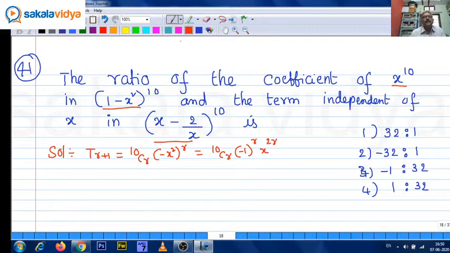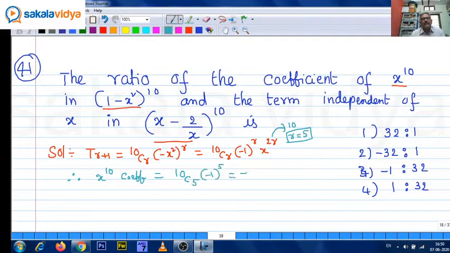For x to the power of 10 coefficient, this 2r must be equal to 10. That means r value equal to 5. Therefore x to the power of 10 coefficient equal to 10C5 minus 1 to the power of 5, that is minus 10C5. Say equation 1.